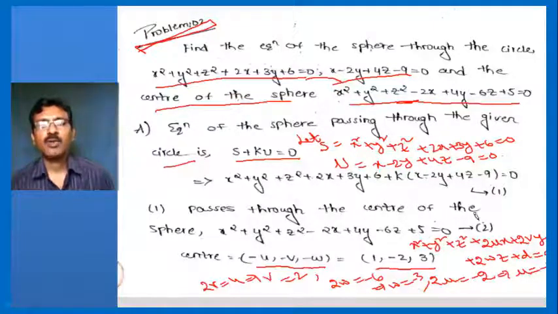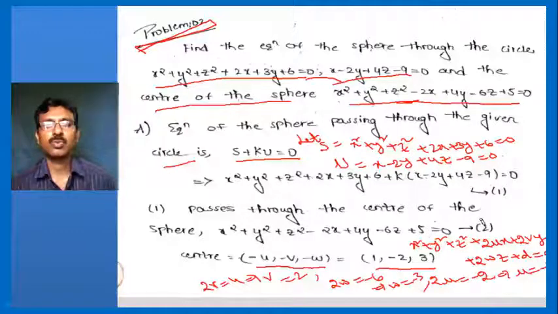Here our sphere mentioned in the equation 1 passes through the center of the sphere 2, that is, passing through 1, minus 2, 3. For the required sphere passing through 1, minus 2, 3, we substitute this in the equation 1, then we get the value of k.